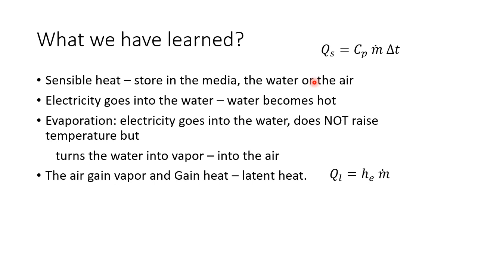And the latent heat is calculated as QL, latent heat, equals the heat of evaporation multiplied by the mass flow rate. Okay, mass flow rate. Here, we need to be careful.